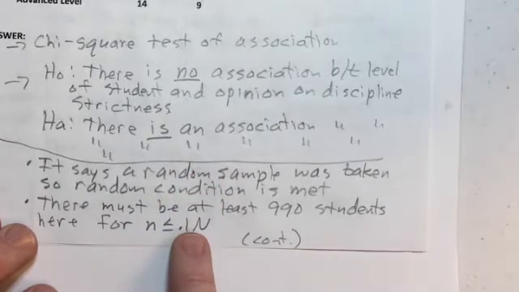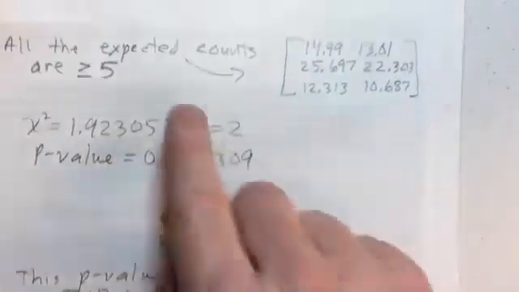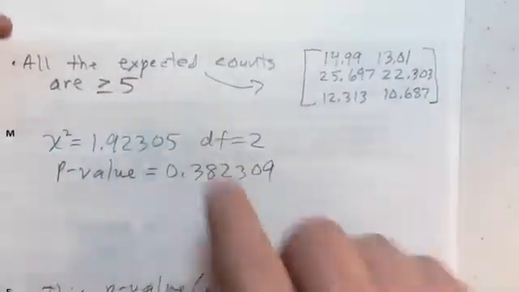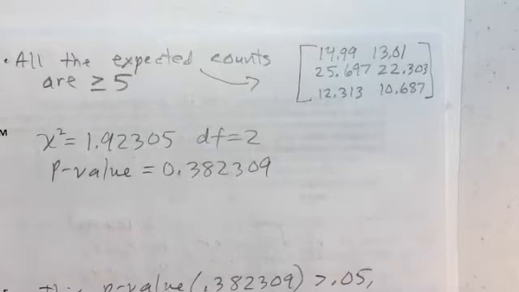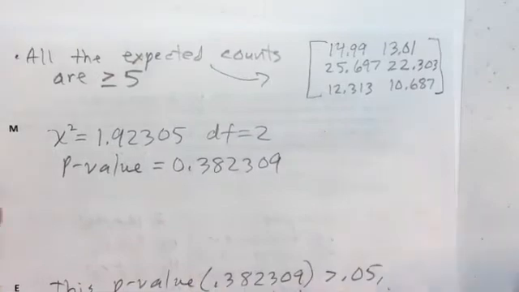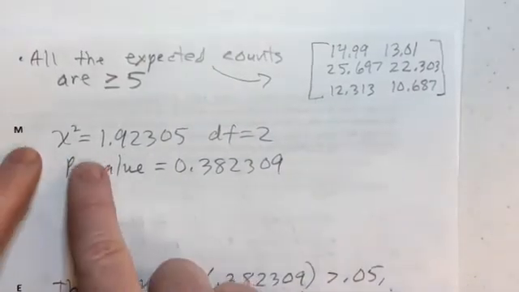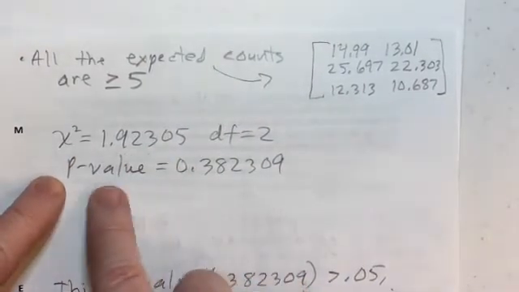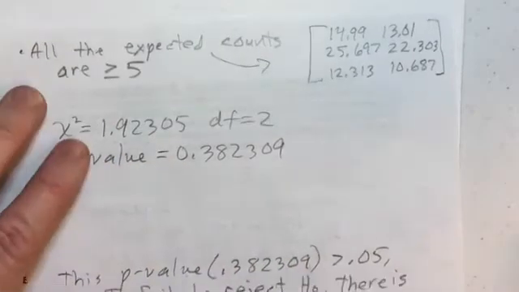We've had these conditions for a few chapters now, and all of our expected counts are greater than 5. Of course, you could do this by hand, but these are what you have to write down in your mechanics, and let me show you how you get this.